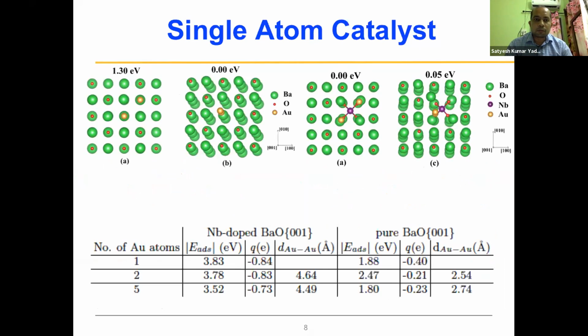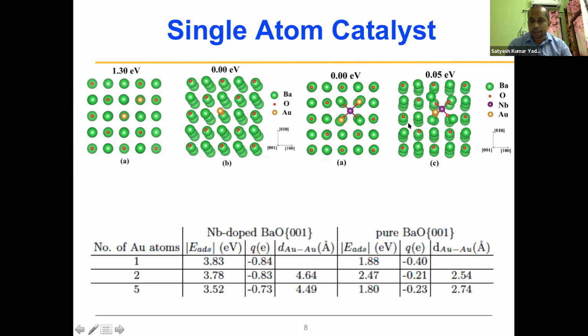Let me give this example. If you had a pure barium oxide, the energy associated with adsorbing two gold atoms far apart is relatively higher than if they were together. If we assume that two gold atoms together is our reference, then to separate them you have to pay a penalty of 1.3.